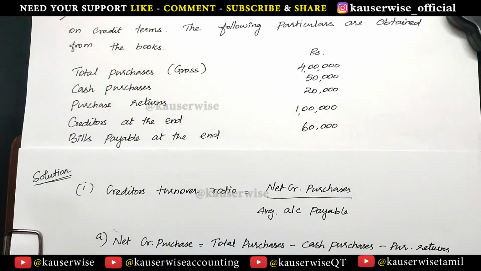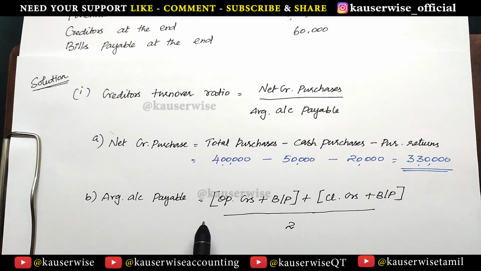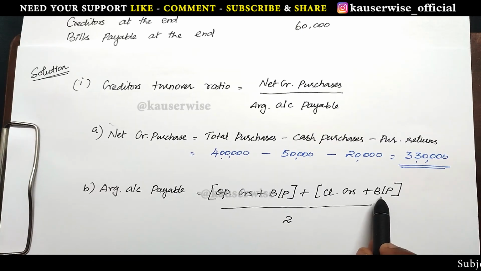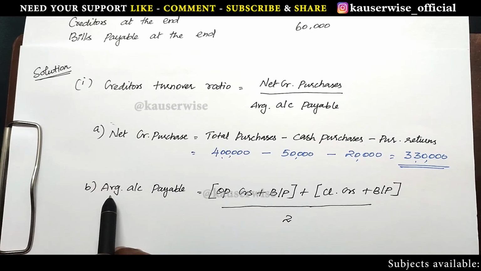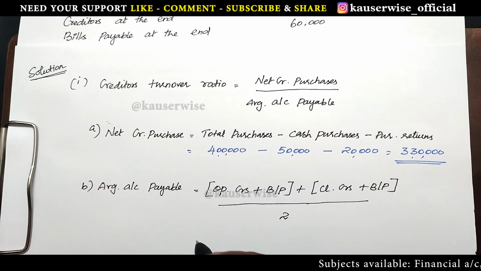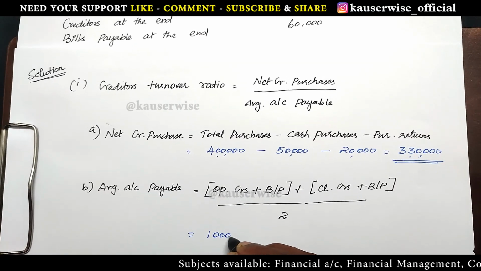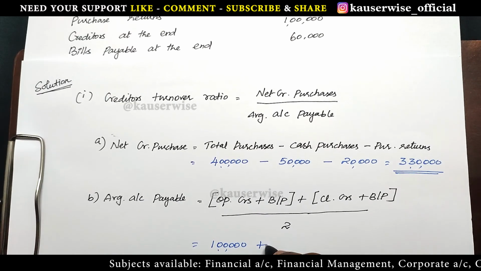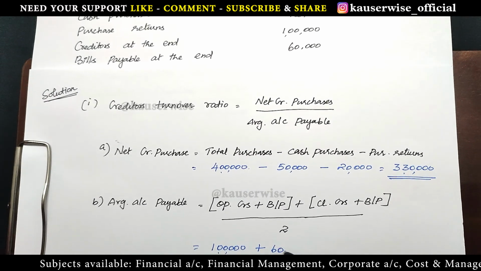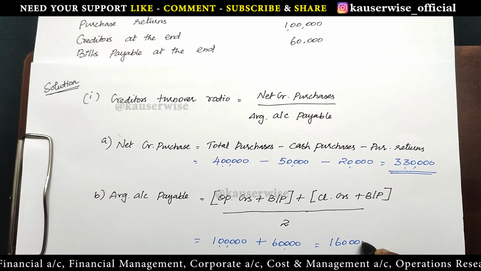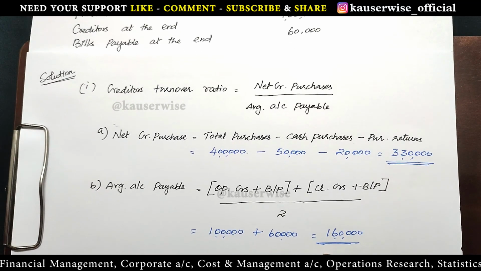In that case, you need not divide it by 2. Simply you can add closing balance of creditors and closing balance of bills payable in order to find out average accounts payable. See the calculation. Creditors at the end 1 lakh plus bills payable at the end 60,000, that is 1,60,000 is the average accounts payable.